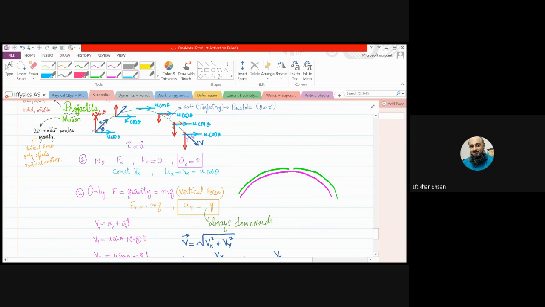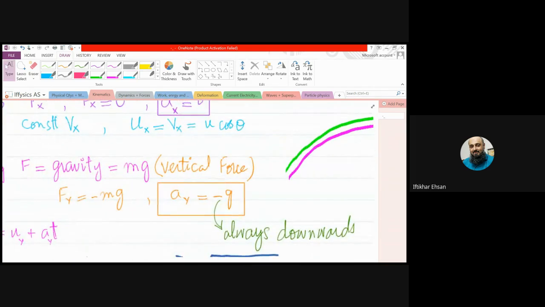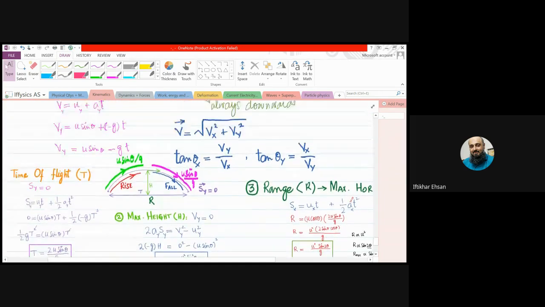When we say the horizontal acceleration is zero, it means there is no change in horizontal velocity. But when we say vertical acceleration is there, it means vertical velocity is changing. Have a look at it.